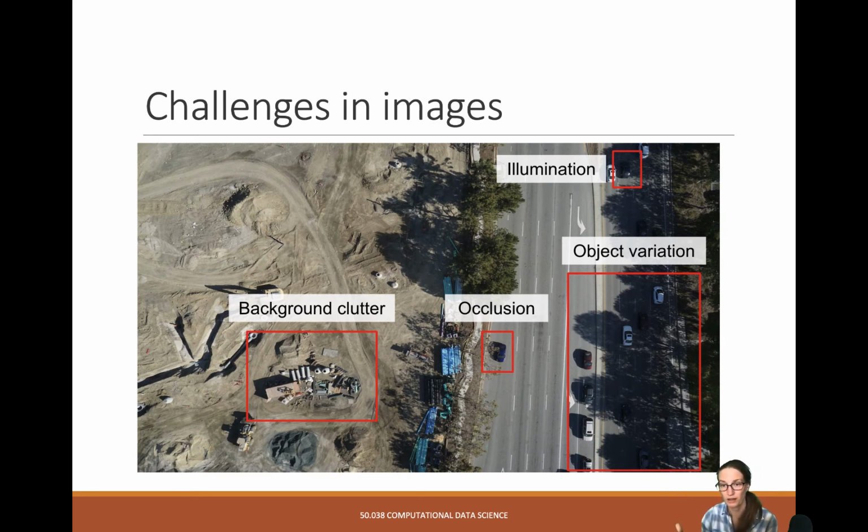It's raining, it's light, the sun is shining, it's cloudy, there's some tree shade covering the image. They can have different types of illumination. There can be an object half in front of another object. How do we deal with that? And there can be a bunch of background clutter. Just some examples of challenges in images. Okay.